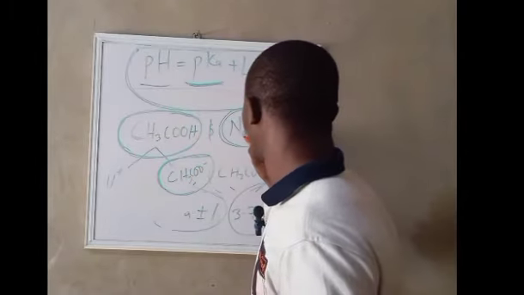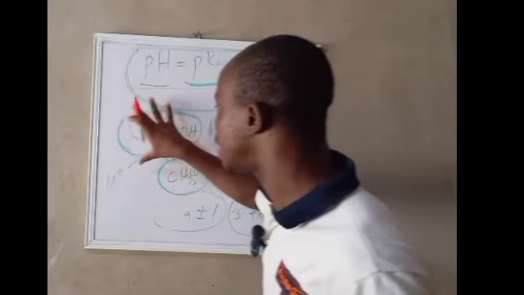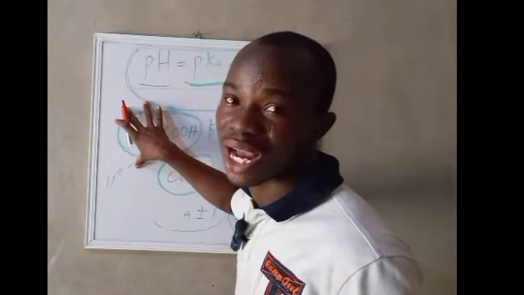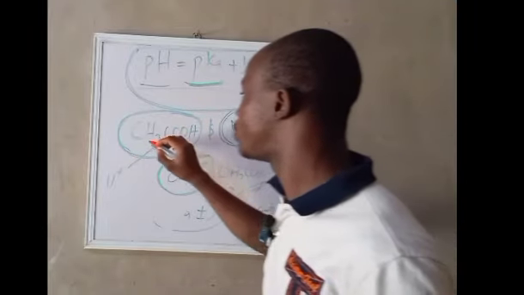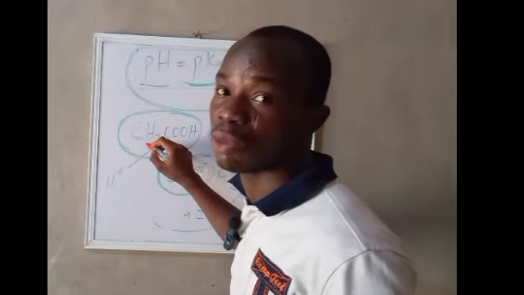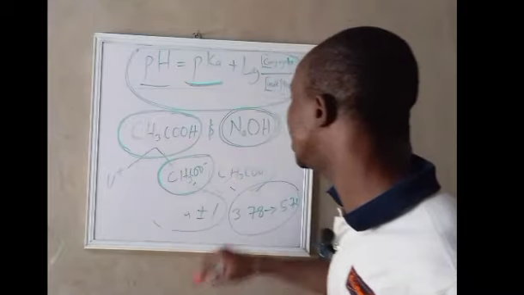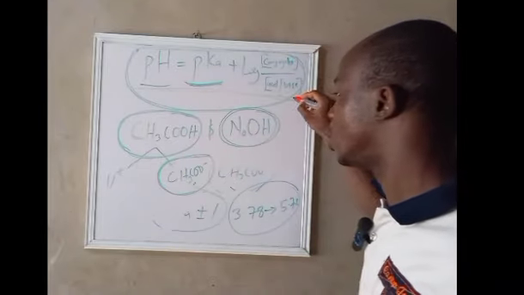So anytime the amount of NaOH you are adding to a weak acid system is more than the amount of weak acid that you have there, this formula does not apply.